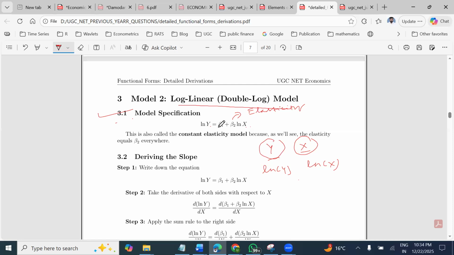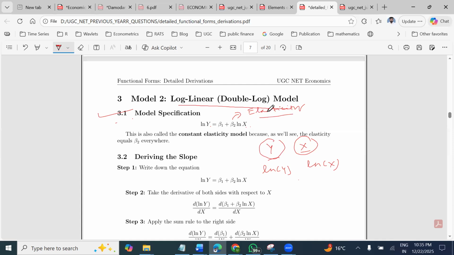So the slope coefficient beta 2 measures the elasticity of y with respect to x. That is basically the percentage change in y for a given small percentage change in x. Is it clear? Sangeeta, now it is clear?